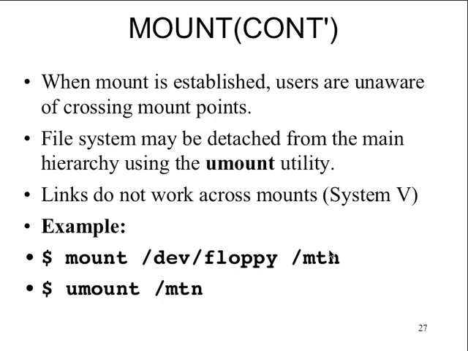Or let's say someone gave us a disk that was formatted for the Mac system. So we can mount it in using HFS Plus. So we say the type of disk that it is and the location where we're going to mount it, and these are all the parameters that are available for mount as a command.